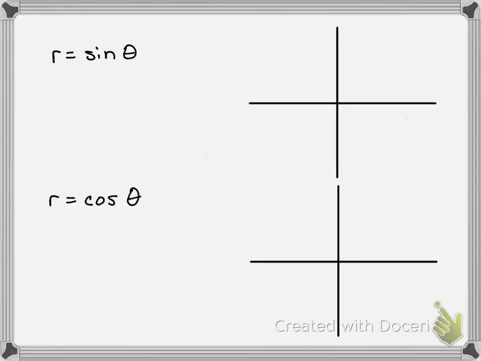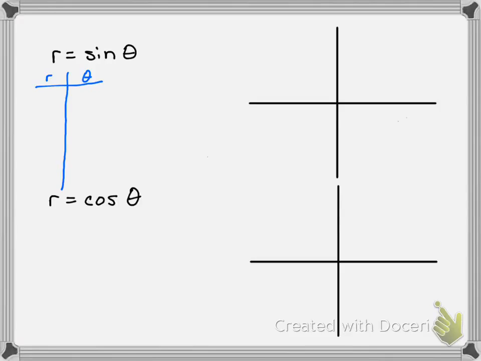Alright, so the next one we're going to be doing is bringing in the r, the radius, and the theta. In this first problem we have r is equal to sine of theta. What we want to do is find and plot coordinates in terms of our radians and our radius here.